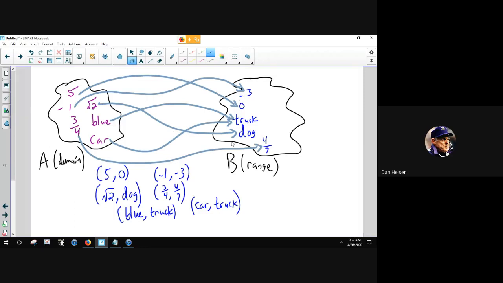Our function, our rule, has to be consistent. In other words, if I put 5 into our rule, it better give me the same value every single time. Think of a calculator that is going to give you multiple answers to the same exact calculation. Let's say you take 200 times 18.